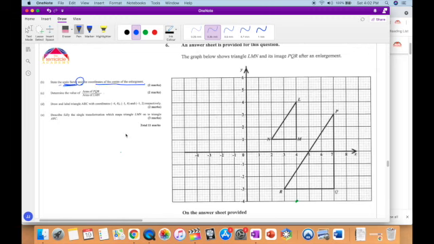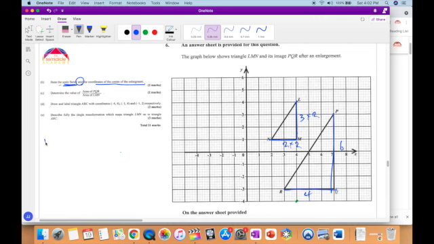Well, the scale factor of the enlargement, we could actually see it. We could see that this side is 2 blocks and this side is 4 blocks. We could see that this side is 3 blocks and this side is 6 blocks. So 3 times 2 will give me 6, 2 times 2 will give me 4.